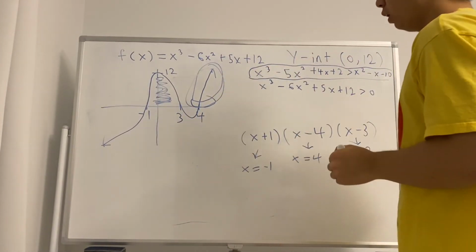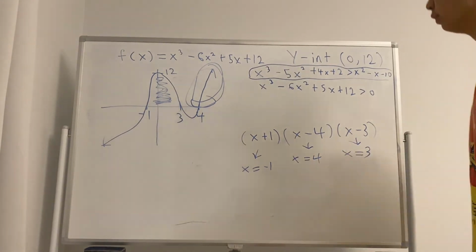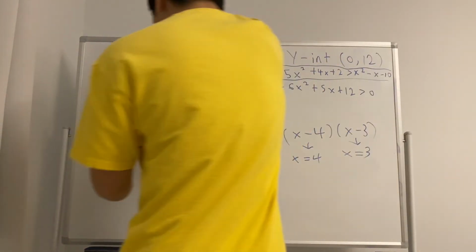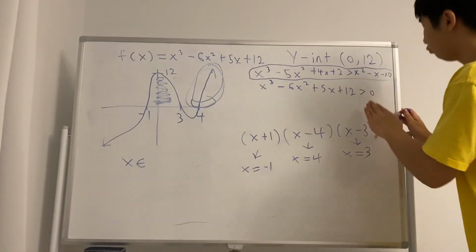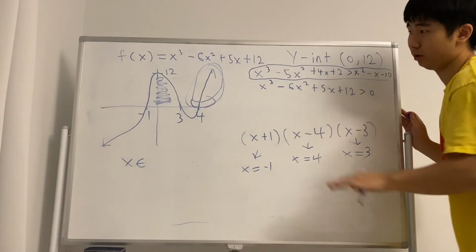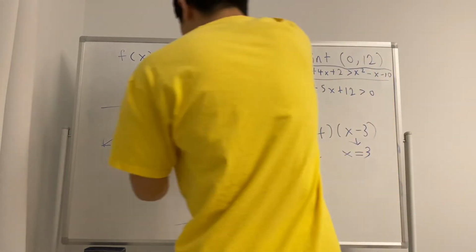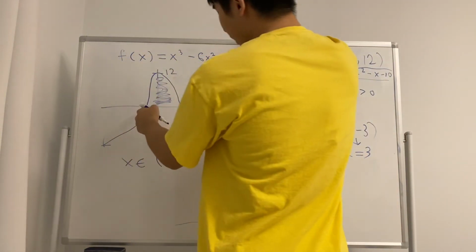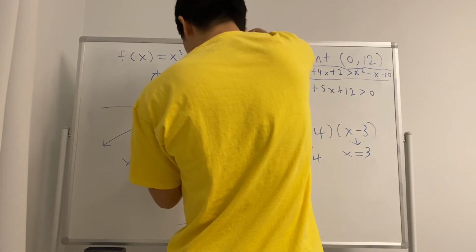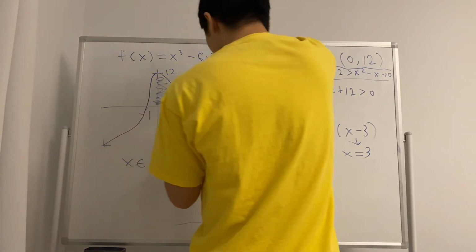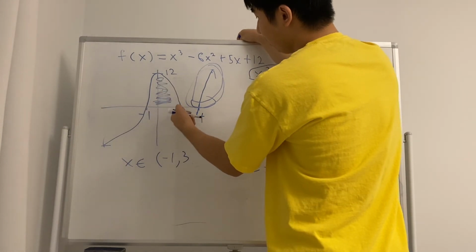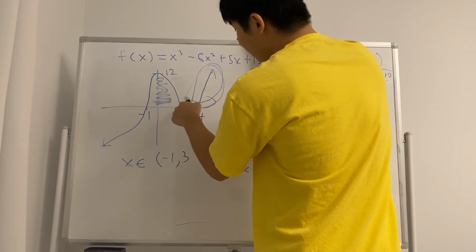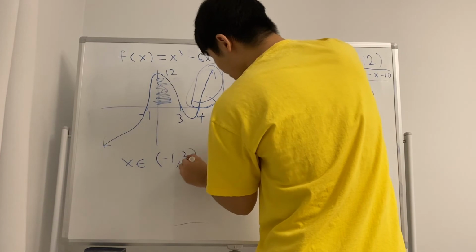So if we want to write this in interval notation, we can say x is an element of. Now this is greater than 0, not equal to 0, so we're going to use a round bracket here. It's greater than 0 after -1, and before 3 it's greater than 0, and it's not equal to 3, so we're going to put a round bracket here.